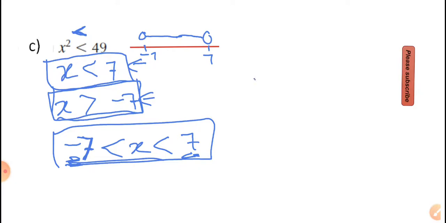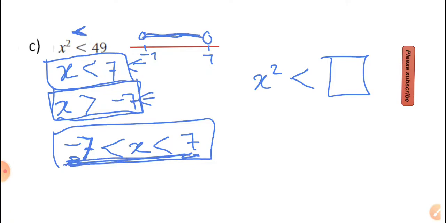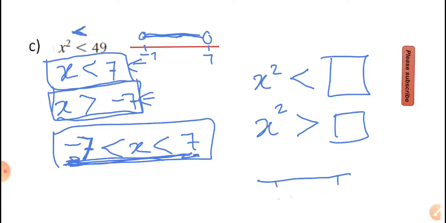And remember, whenever x squared is less than whatever this bit is, you'll have a number line that joins up like this, and you'll have an answer that looks like this. If, however, you have x squared greater than whatever is here, then you're more likely to get a number line that looks like this.